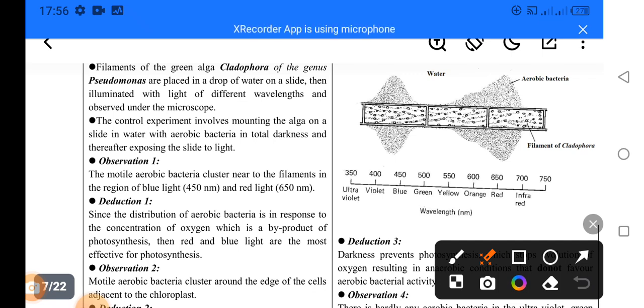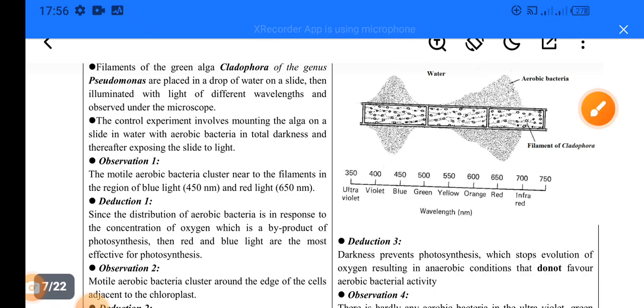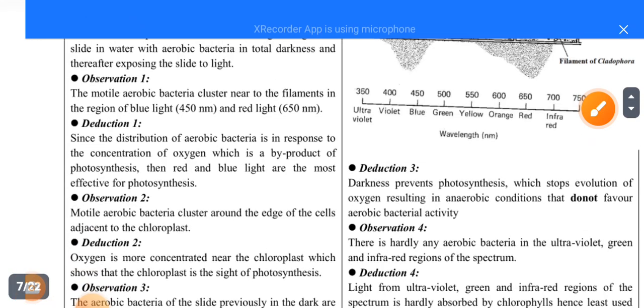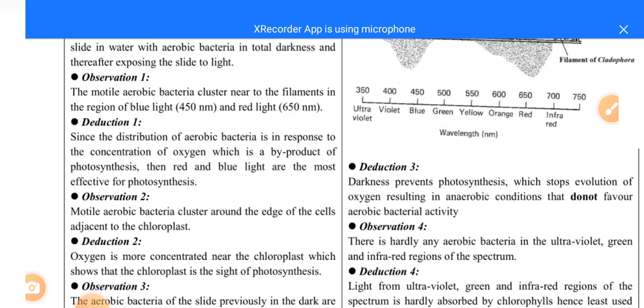Then observation 2: the motile aerobic bacteria cluster around the edge of the cells adjacent to the chloroplast. Clustering means they group together around those adjacent cells to what?